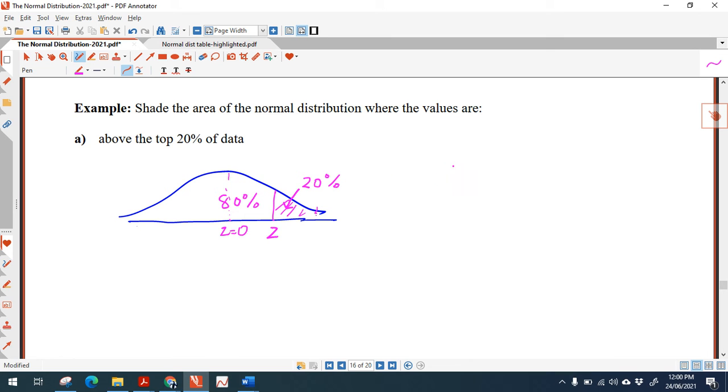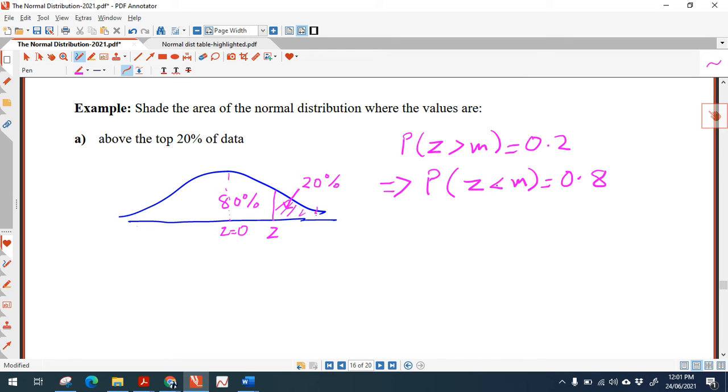All right, so the probability that z greater than some number m is equal to 0.2 is the same as, well, if we can work out the equivalent problem, we're going to consider the probability that z is less than that same number is 80% of the data.